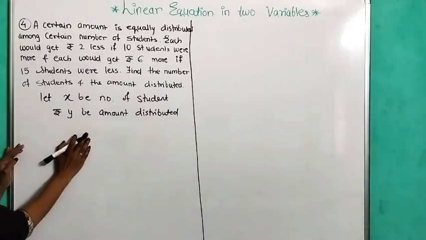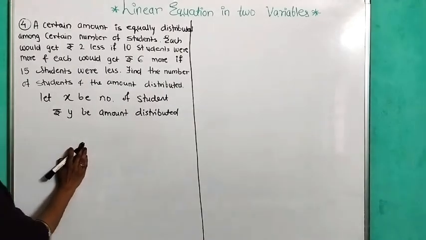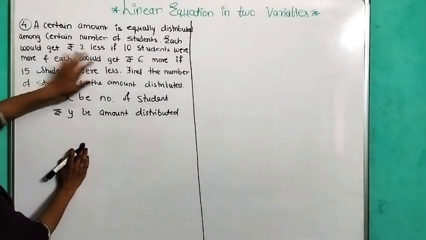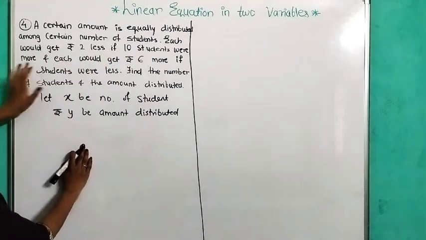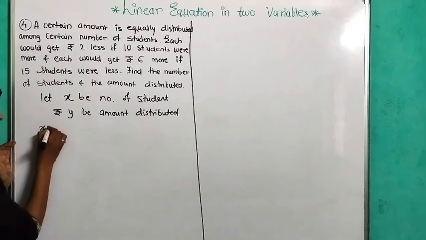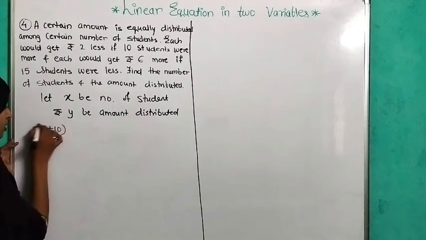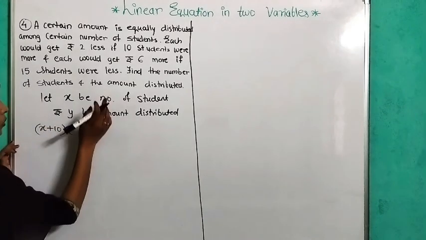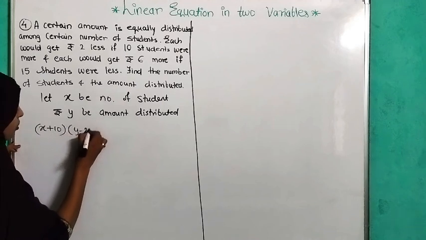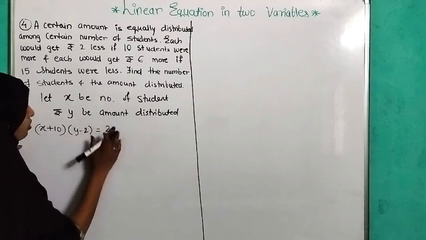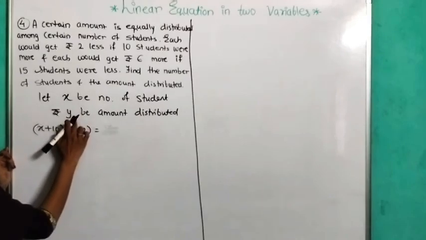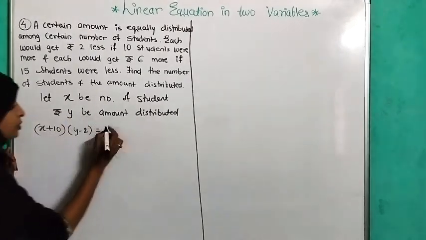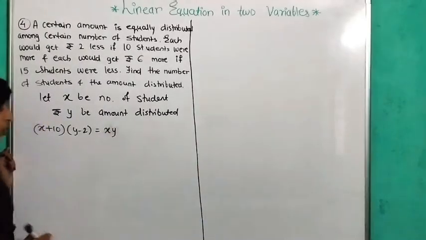Now according to this condition, they have told us the first condition, each would get rupees 2 less if 10 students were more. So x plus 10 and y minus 2 is equals to x into y, because the total number of students and the amount distributed to them, then x into y.